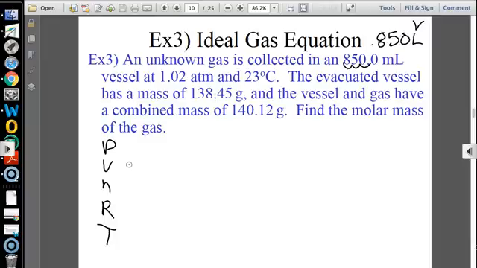So the volume I know is 0.850 liters, and as I keep reading the problem, something else might come up, so you just have to keep track of it. And I have 1.02 atm and 23 degrees Celsius, and you do have to always show that math.